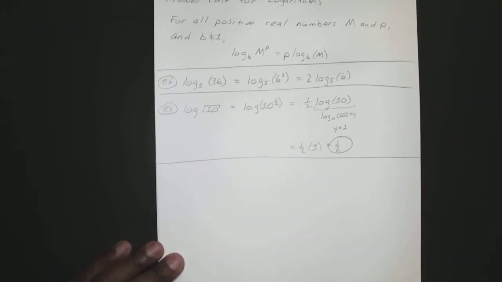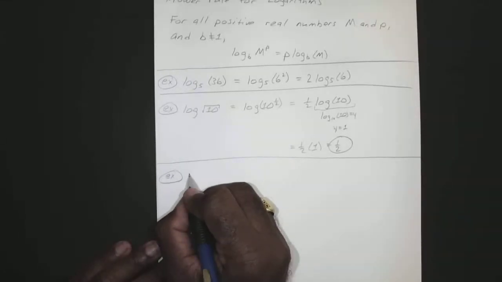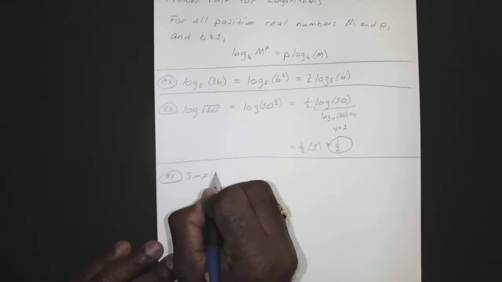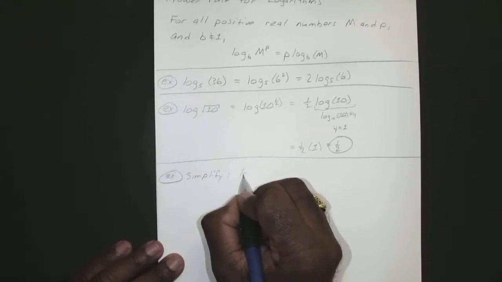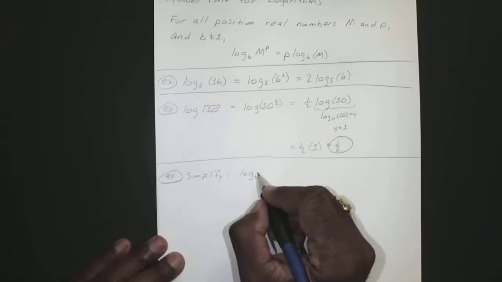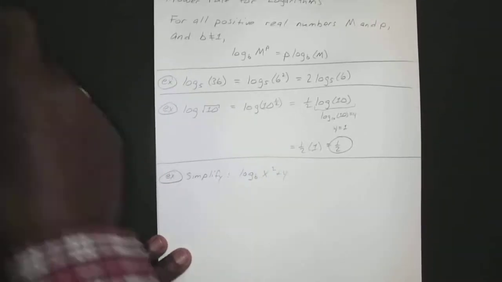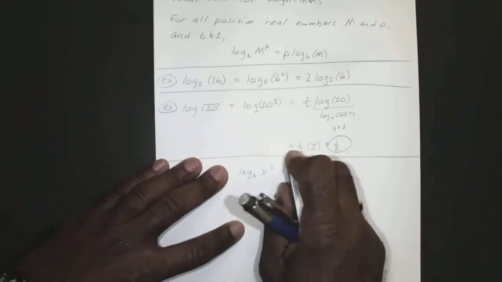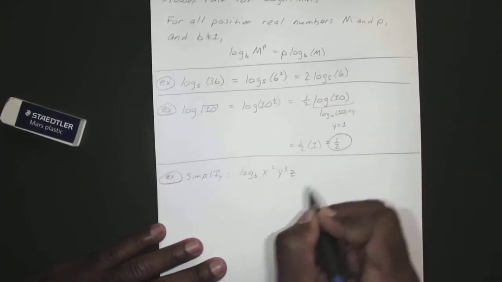Let's say we want to simplify log base b of x squared, not plus, thinking ahead a little bit, y to the third z.